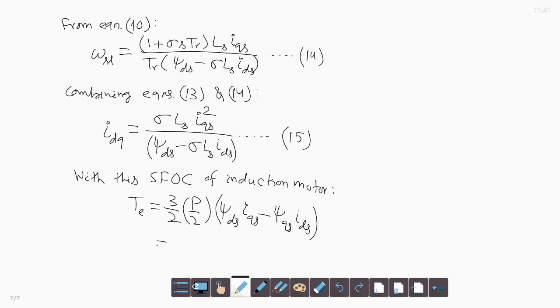So, it is 3/2 into pole pairs psi ds into iqs.